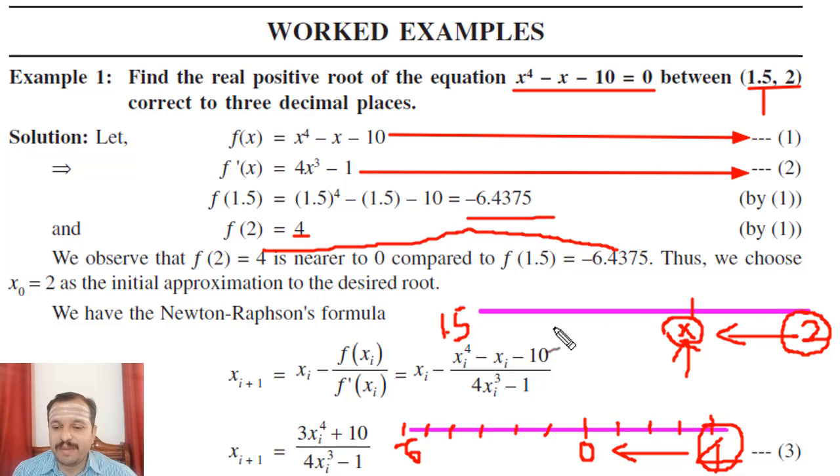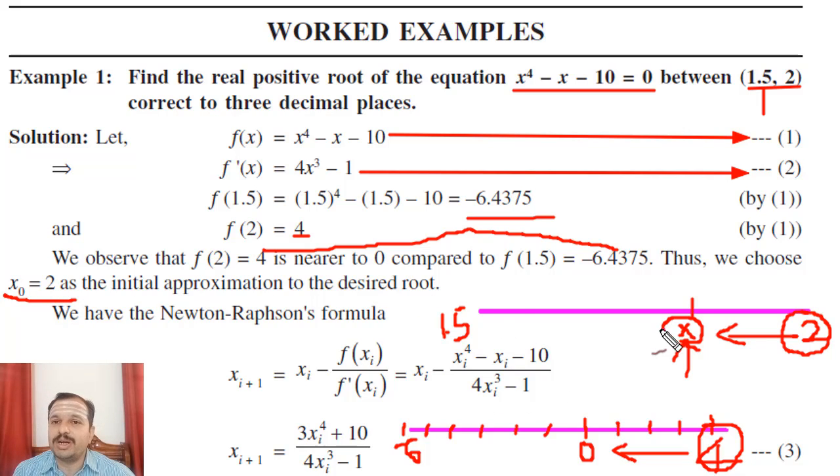Therefore, this is a very important explanation, you please keep in mind always. And by keeping that in mind, we choose initial approximation x0 equal to 2. The value which is near to the desired root should be taken as x0. So we have chosen x0 equal to 2 as the initial approximation to the desired root.